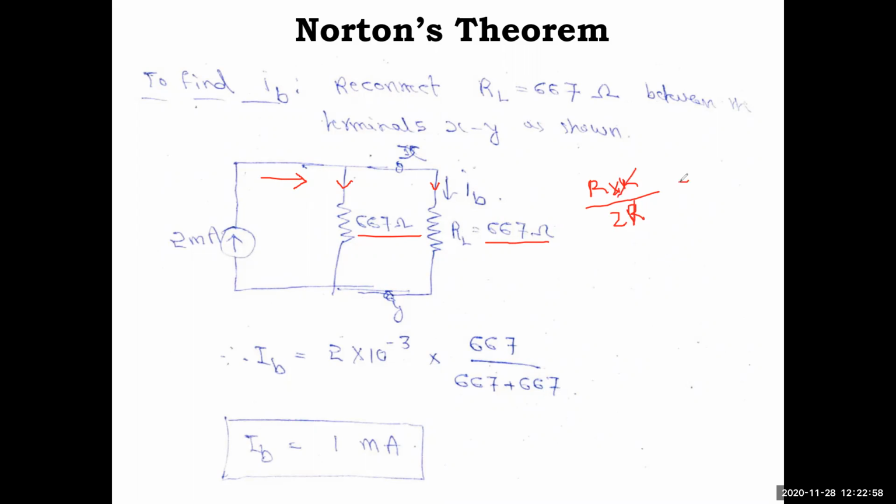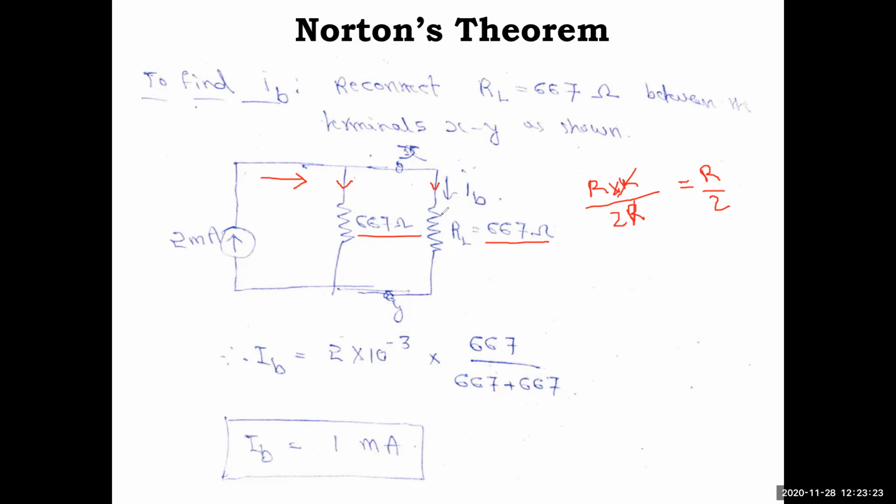You can remember this as a formula: if two equal resistances are connected in parallel, then the resistance divides by 2. If two resistances are in series, they add up, equivalent to multiplying by 2. Here it is parallel, so divided by 2, that means 667 divided by 2.